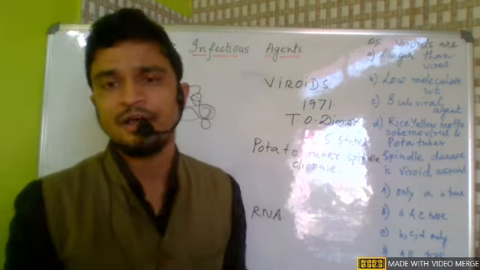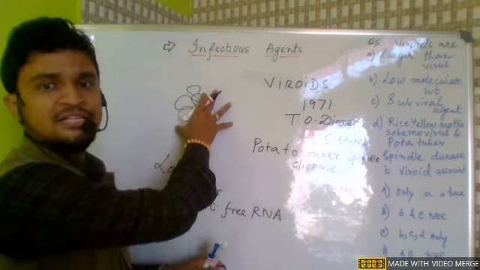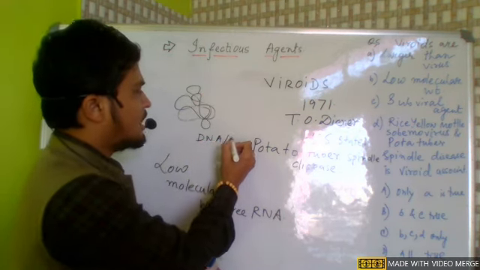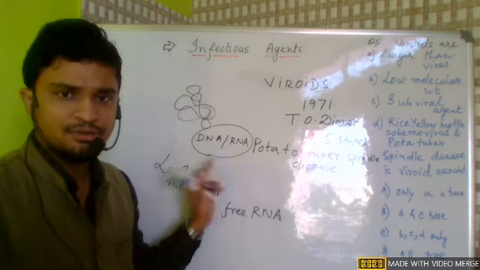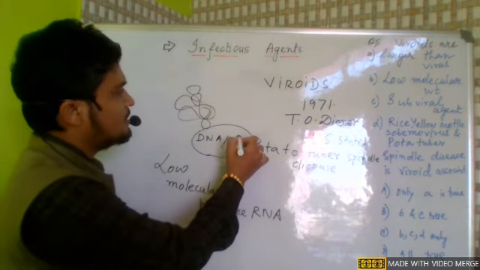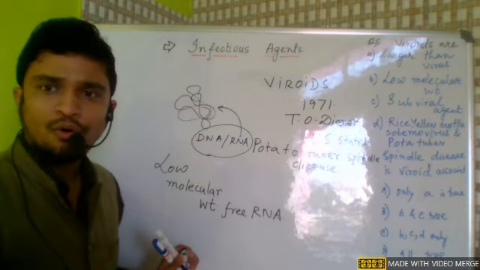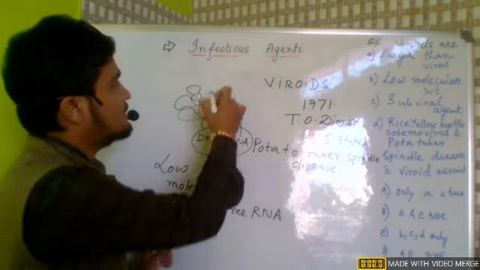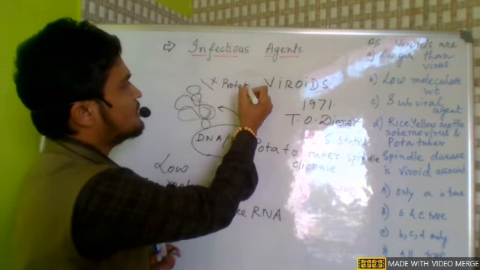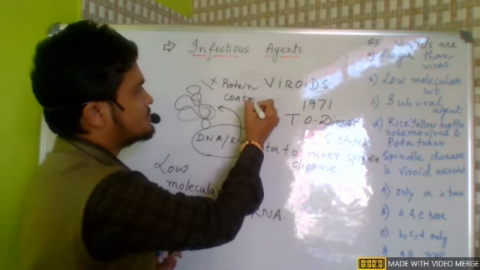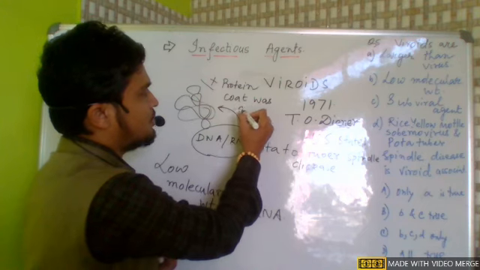Normally in a virus, the genetic material, DNA or RNA, is surrounded by a protein coat. But here the infectious particle was only free RNA, and the protein coat was not present.